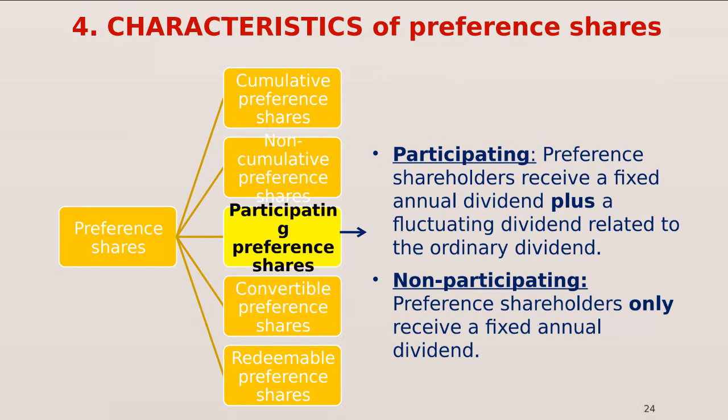So participating preference shares is what I call a share that has two bites at the cherry. What does that mean? They will get their fixed dividend, which is common with all preference shares, but in addition to that fixed dividend, they are going to participate in the ordinary shares.